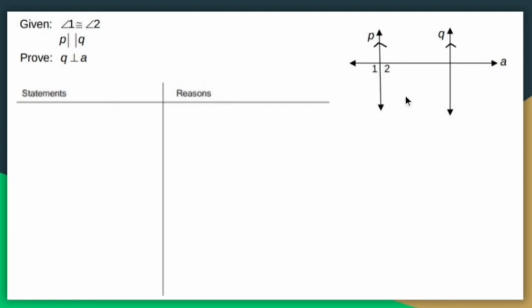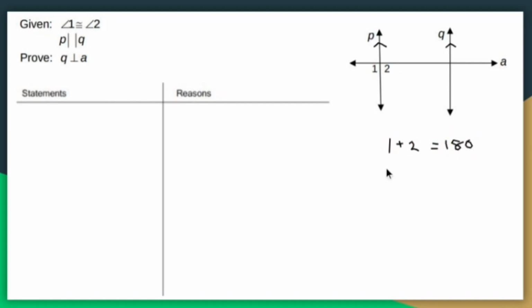All right, I have my given. What I always like to do is make myself a rough draft over here. So if I'm given the fact that 1 and 2 are congruent, and also 1 and 2 are directly next to each other and form a straight angle, 1 plus 2 is 180. I'm also told that 1 and 2 are the same.